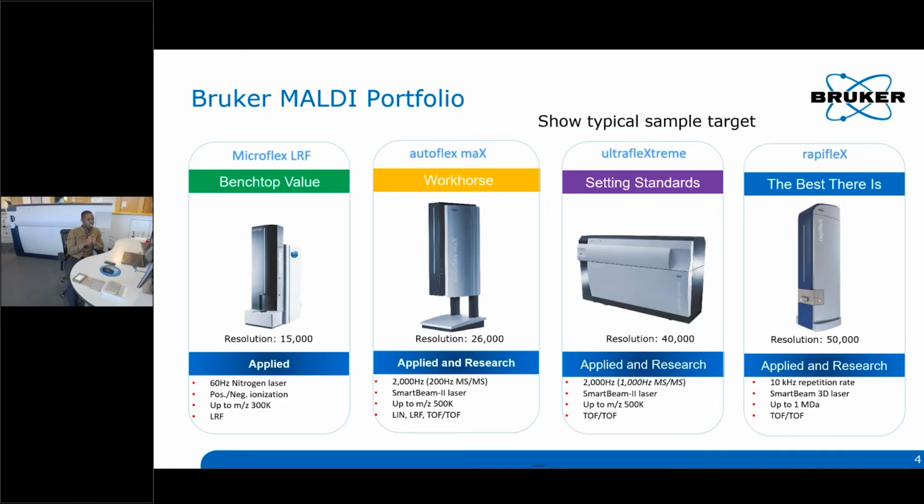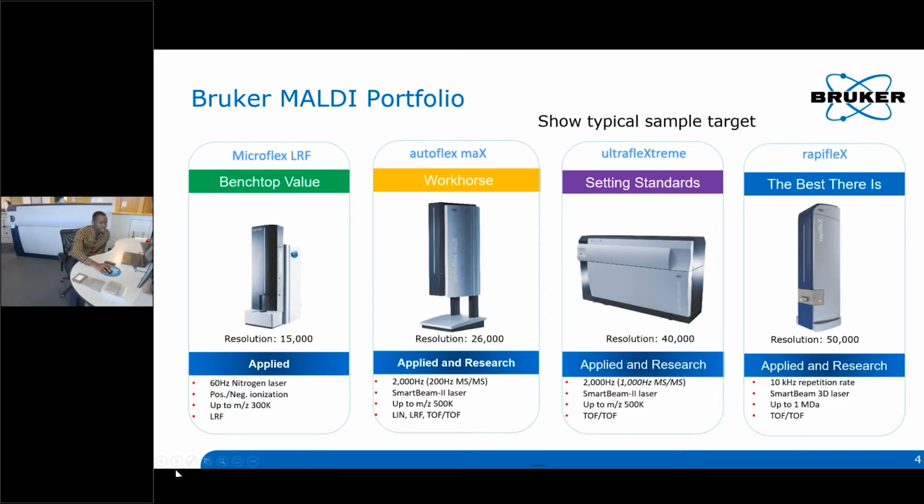And that includes MALDI imaging, that includes top-down sequencing, that includes MSMS experiments, which are very crucial for the elucidation of structures and also specific compound identification. This comes with a Smart Beam 2 laser that can actually go as fast as 2,000 hertz and can see up to 500,000 Dalton as far as molar mass goes in your sample.